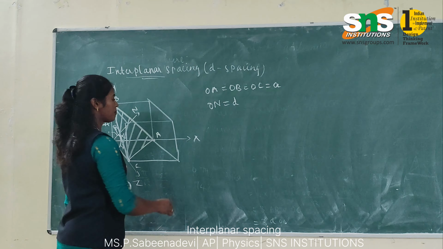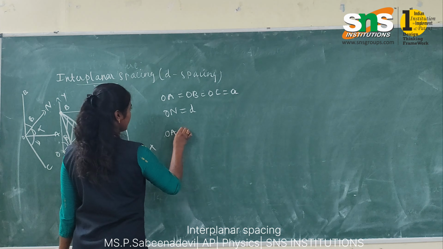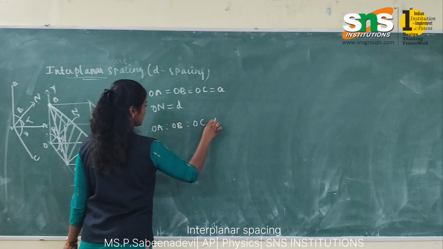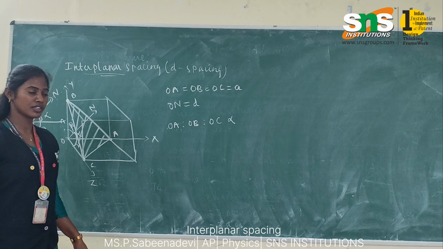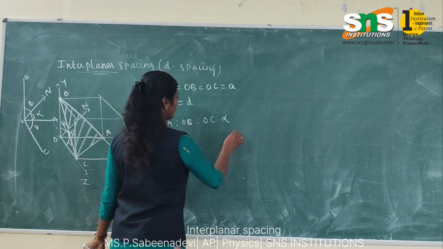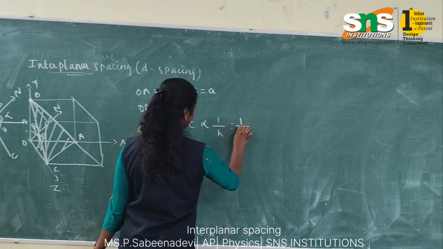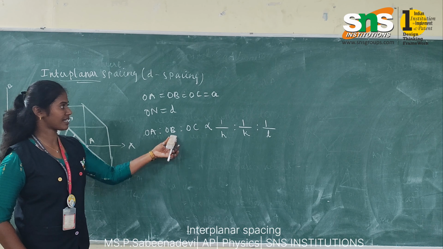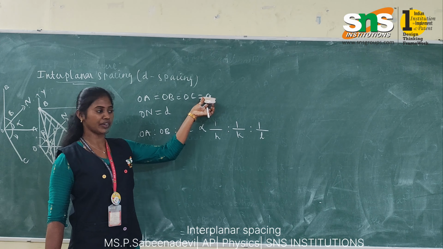The intercepts are inversely proportional to the Miller indices, so 1 by h, 1 by k, 1 by l, where the side value is the lattice constant a.